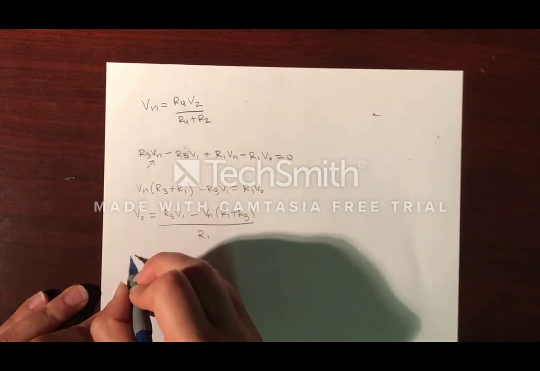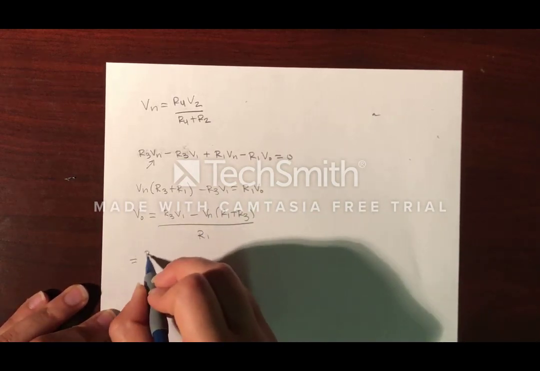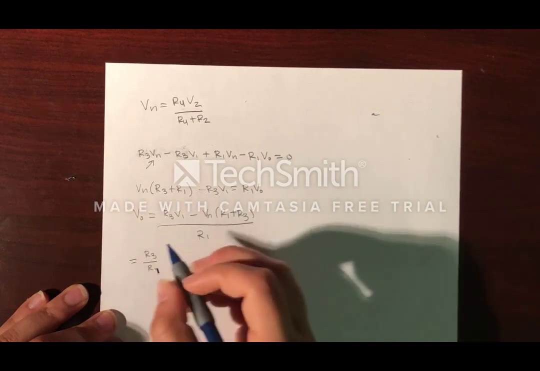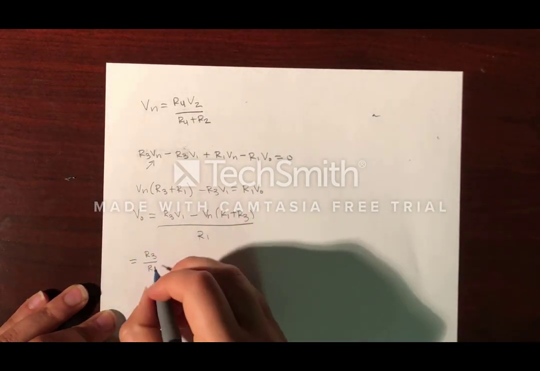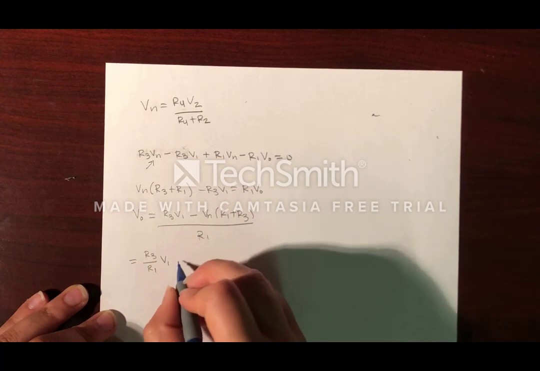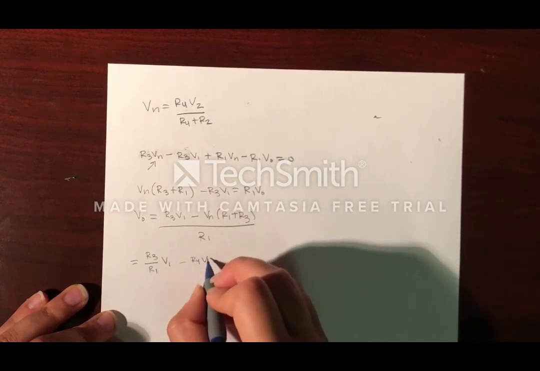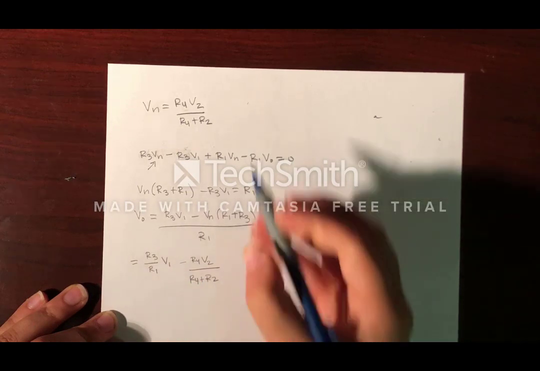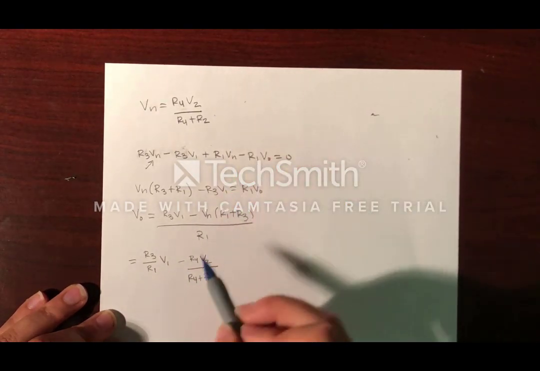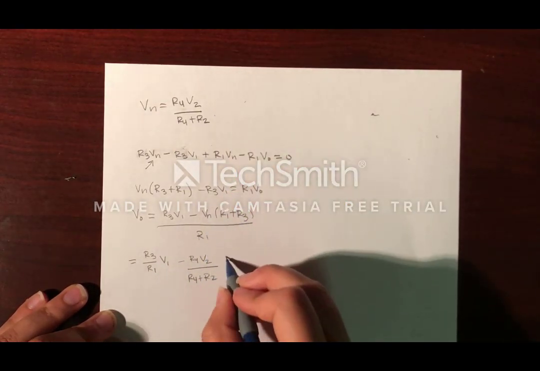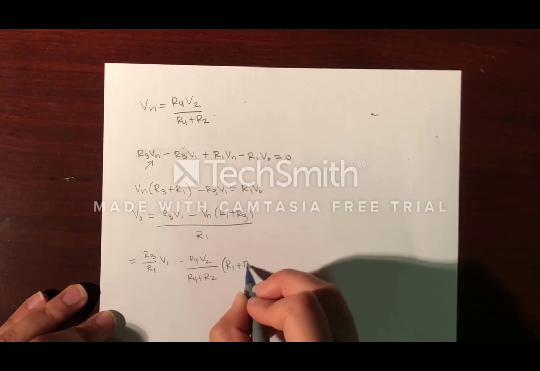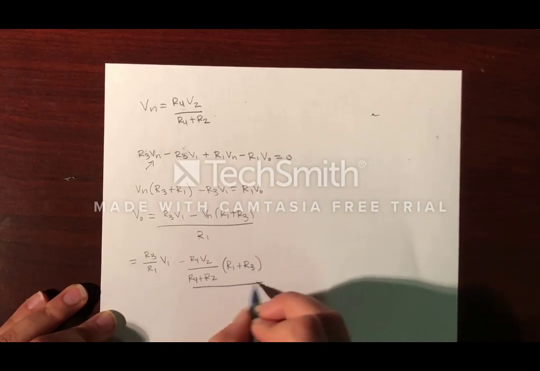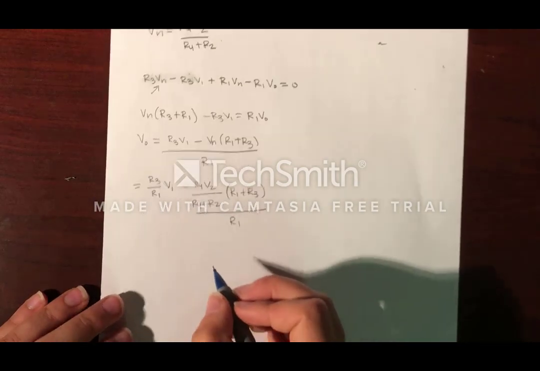We can further simplify by saying that this is equal to R3 over R1 times V1 minus R4 V2 over (R4 plus R2), by plugging this term in for Vn, times (R1 plus R3) all over R1.